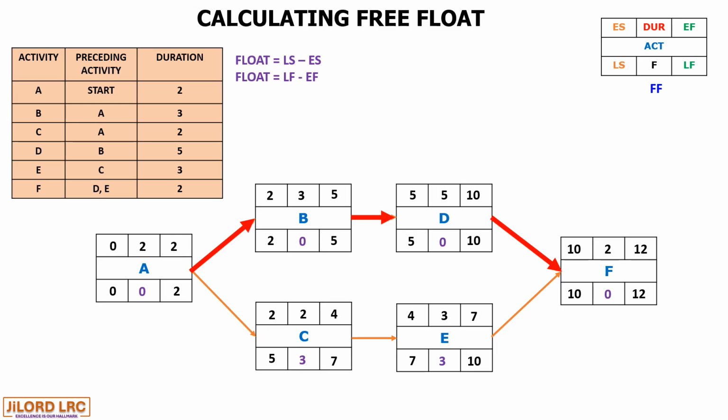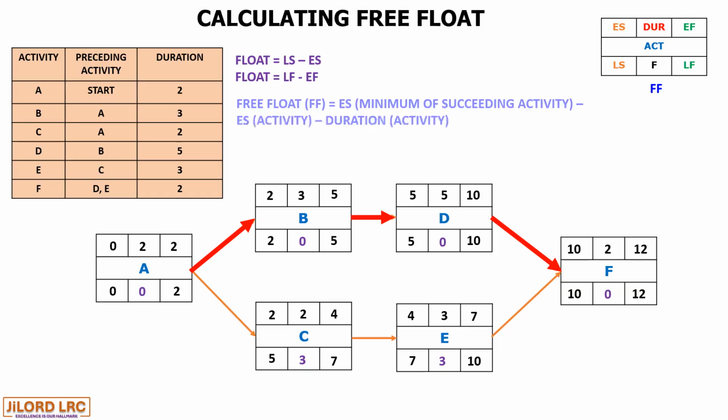So now let's determine the free float of activity A. We'll have the formula for free float as the early start, that is minimum of succeeding activity, minus the early start of the current activity minus the duration of that activity.